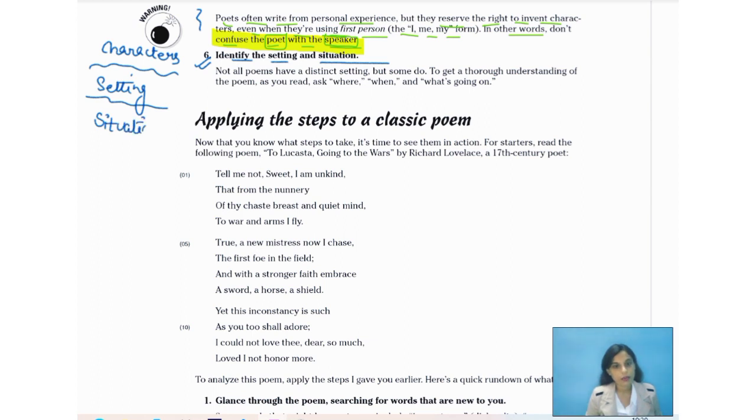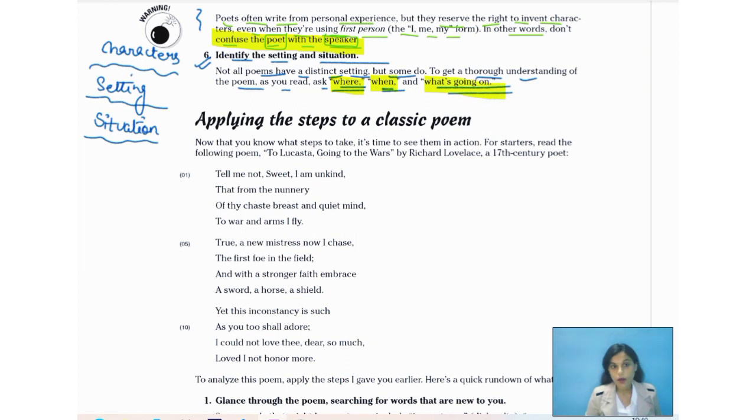What is actually going on? Not all poems have a distinct setting, but some do. To get a thorough understanding of the poem, as you read, ask where, when, and what's going on. So I just told you some time back where, when, and what's going on.